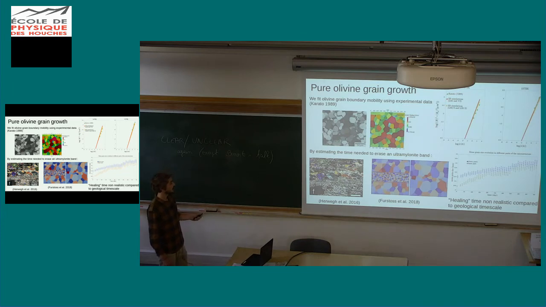I calibrate my grain boundary mobility on experimental results of annealing experiments for pure olivine. And then I try to estimate the time needed to erase a fine grain band, which we call ultramylonite, if the rock is only composed of olivine.